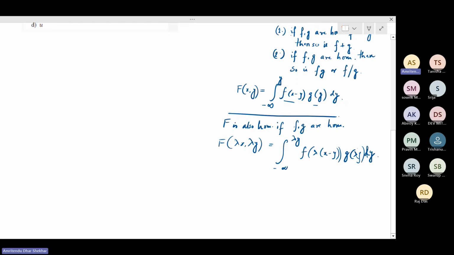Okay. And now you can have this lambda popping out. But here there is a little bit of a problem because the integral will not satisfy this thing.